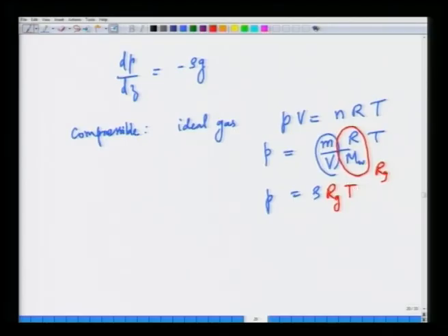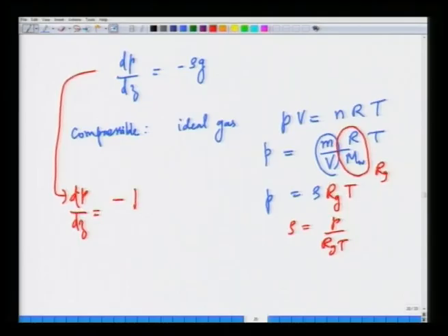So, P is rho Rg T. So, instead of writing rho g, from this equation I am going to write dP dz as, instead of rho, P by Rg T, so minus P by Rg T times g.